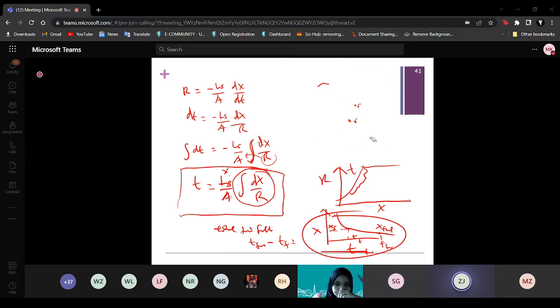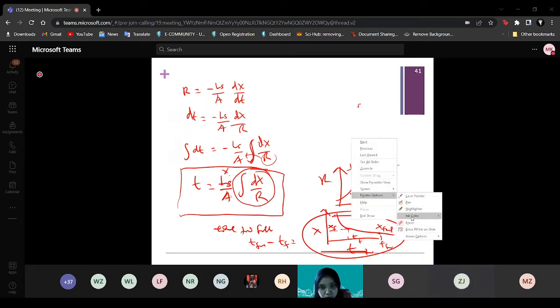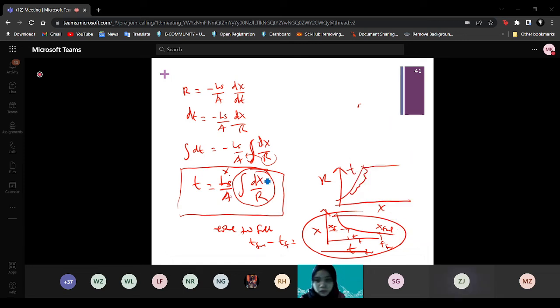If you get the integration of dx over R and you have a graph, it means that it is equal to the area below the curve.